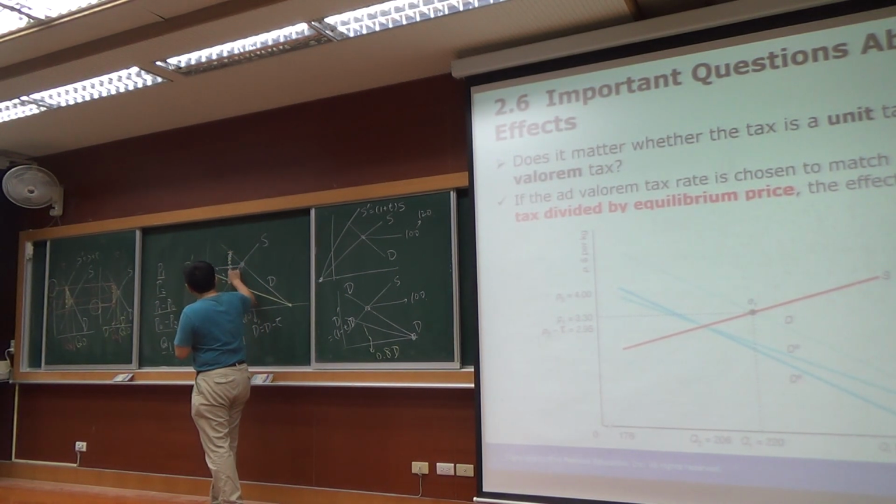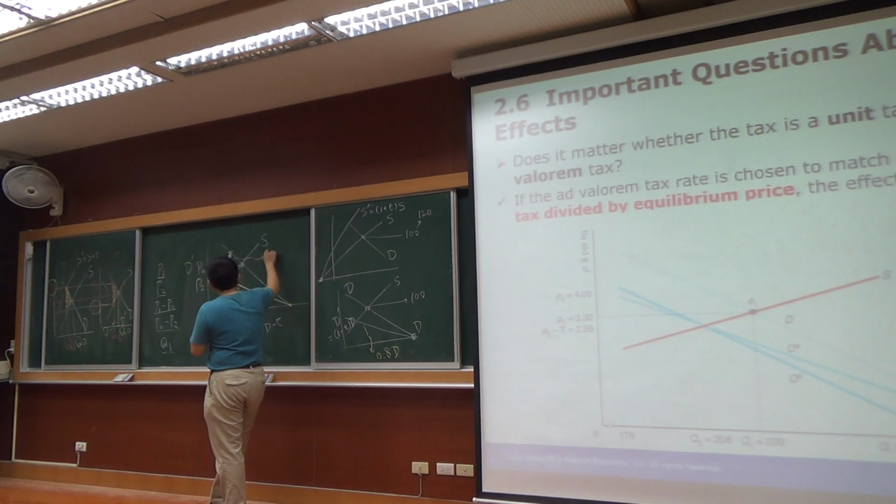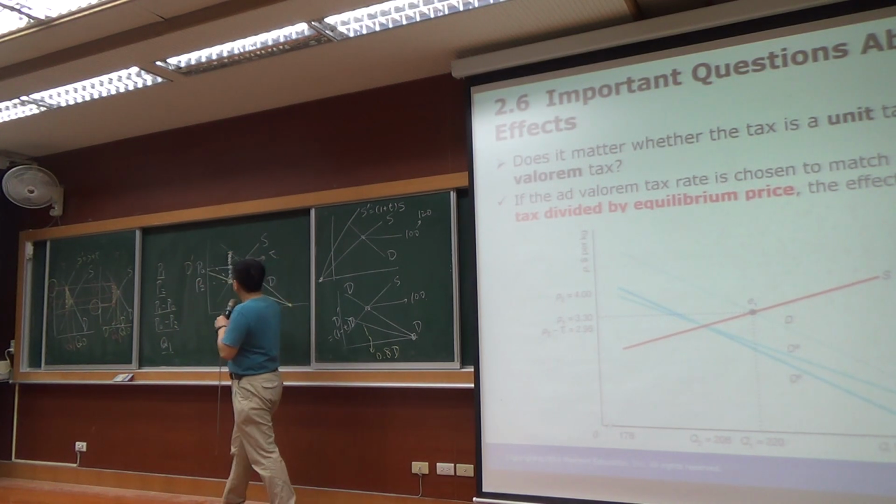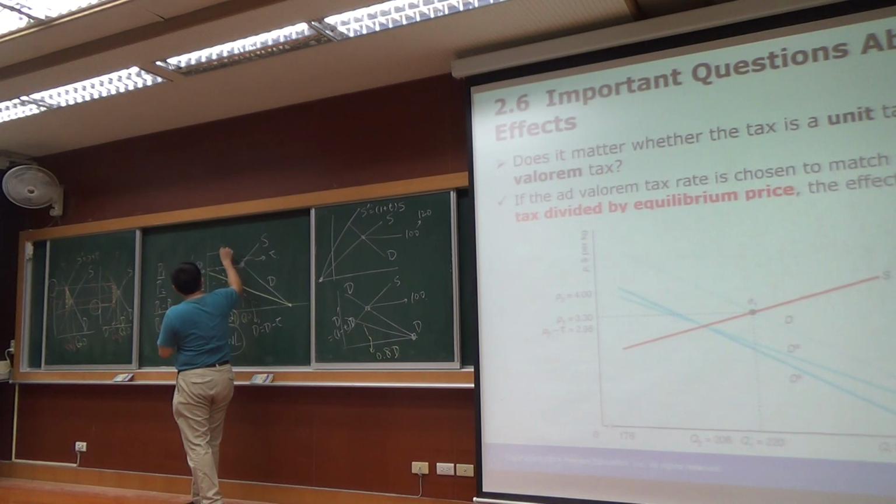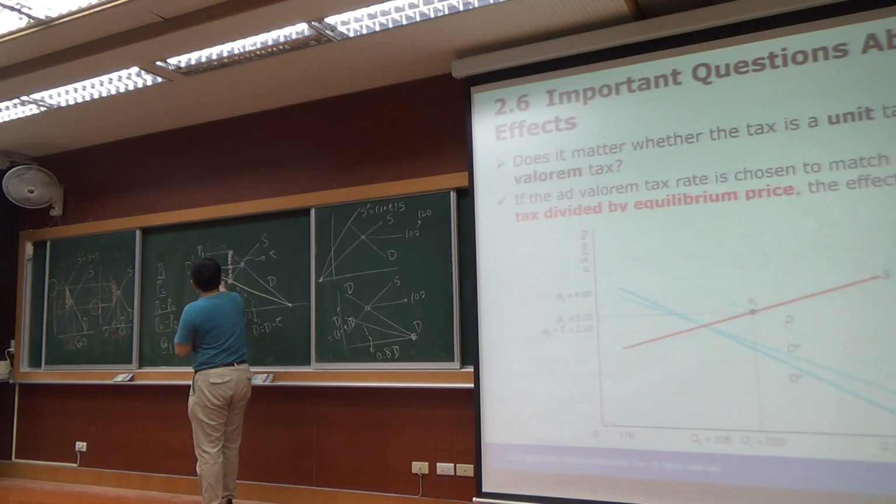If the size here is tau, and if this is P1, what would be the proportion?